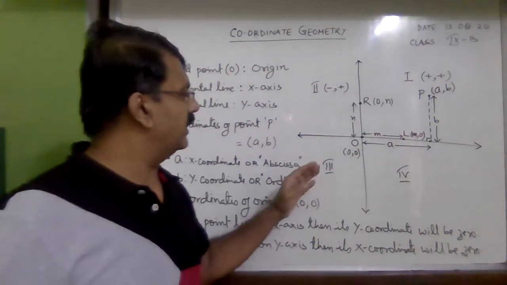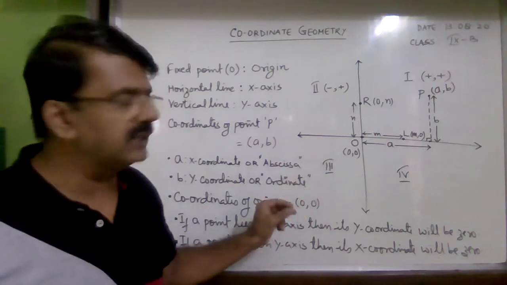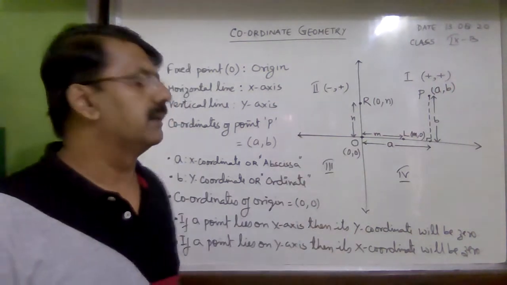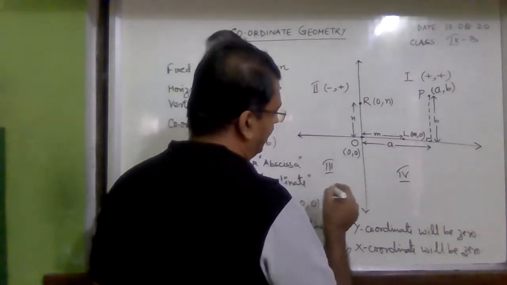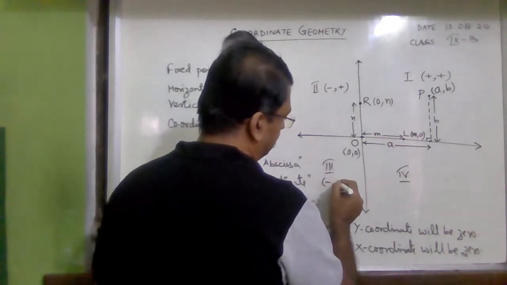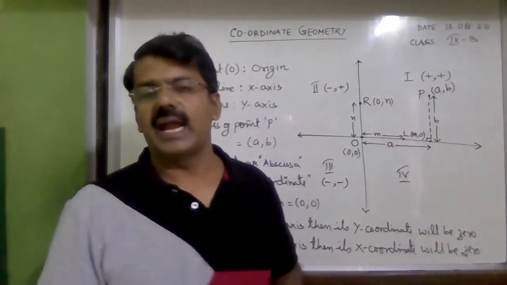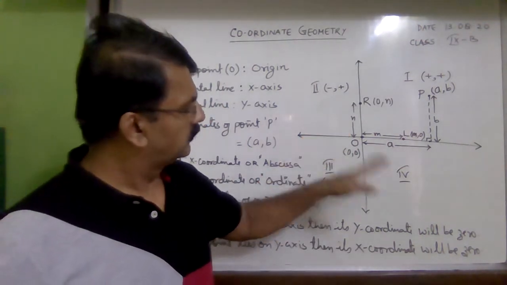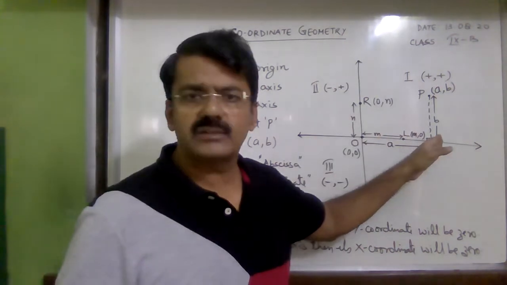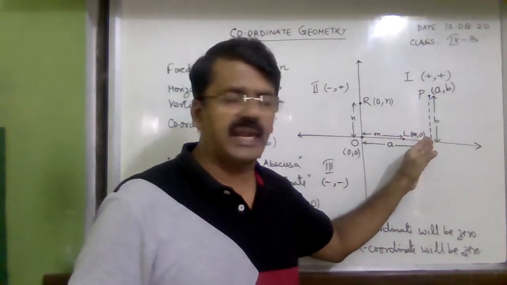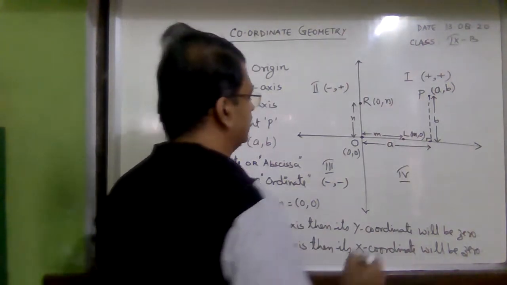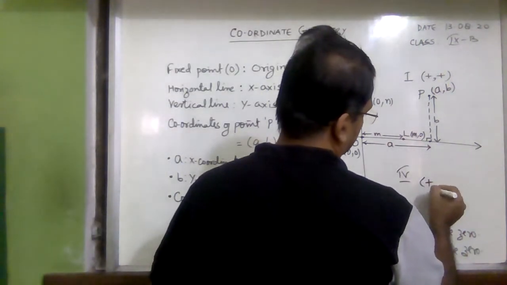Clear? Now when a point lies in the third quadrant, negative, negative, left, down, means x coordinate and y coordinate both negative. Clear? And now the fourth quadrant, x coordinate we have to move to the right, so positive, and y coordinate will be negative, so that means it is plus comma minus.